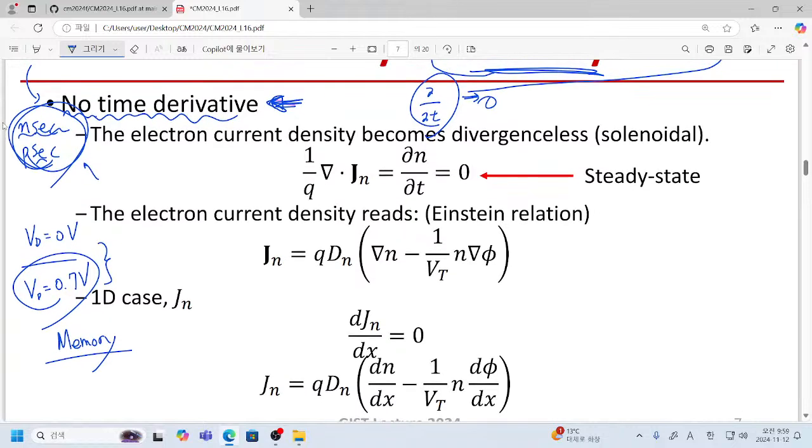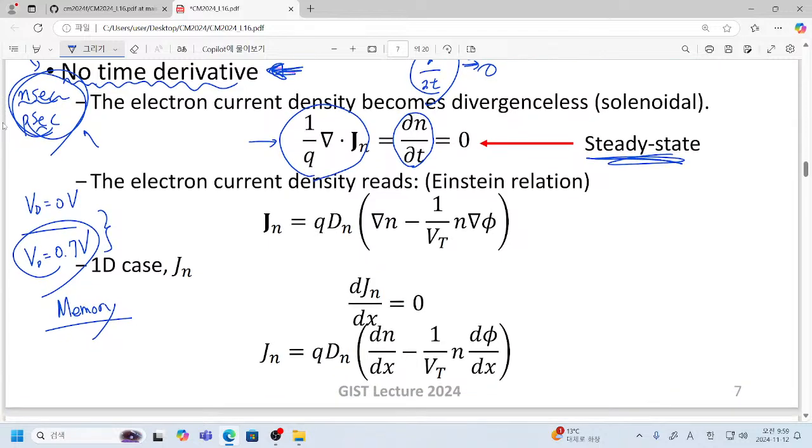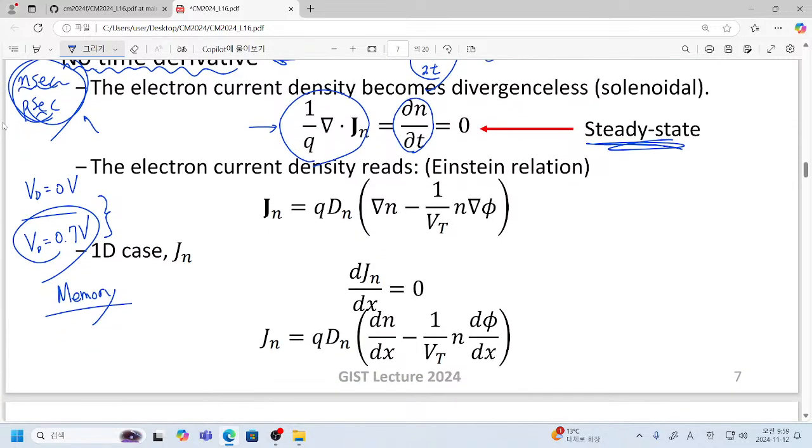And here we have this form. Yes, this is the continuity equation. The time derivative of electron density is given by 1 over q times the divergence of Jn. Under the steady state approximation, it just vanishes. In the 1D case, we can simply write it down in this way.